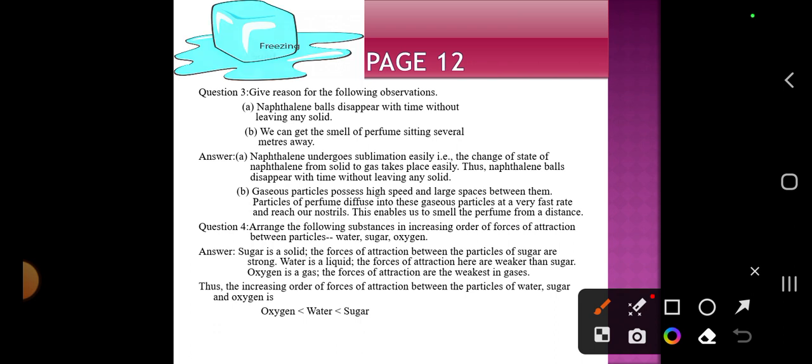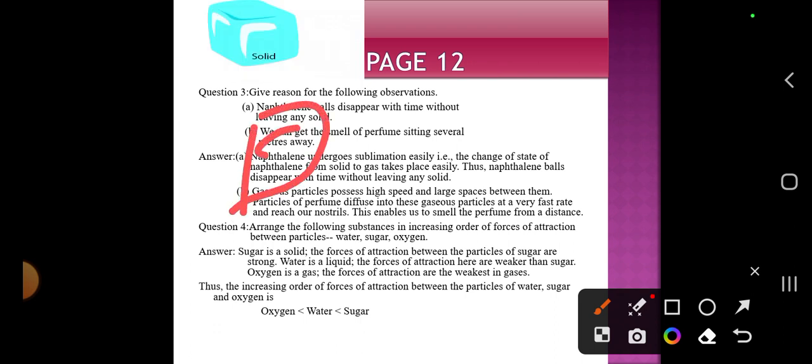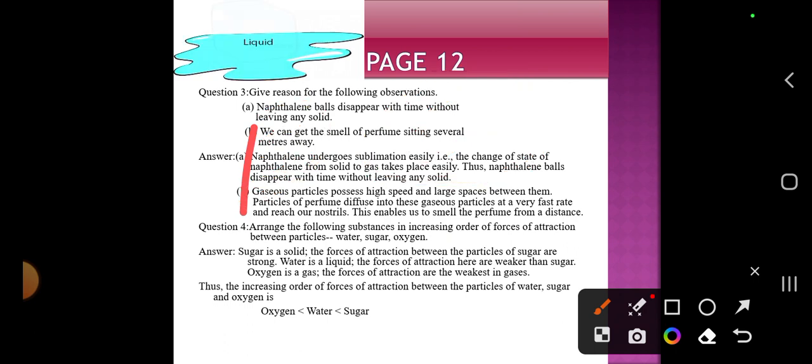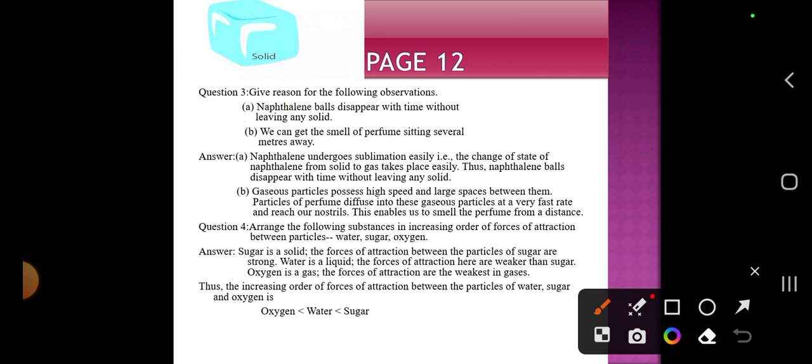Sublimation is the process where a solid is converted directly to the gas form. So direct formation of gas occurs with the naphthalene balls. The change of state from solid to liquid does not take place; solid to gas takes place, not a liquid. Thus, naphthalene balls disappear with time without leaving any solid.